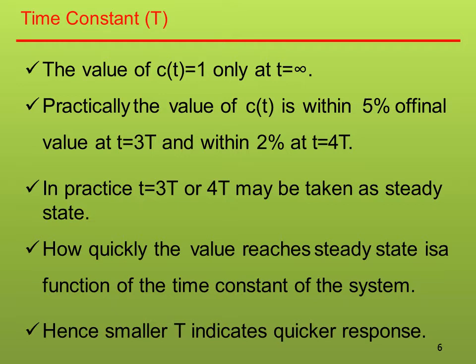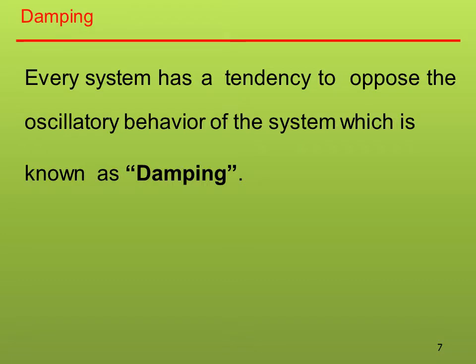So, in practice, t equal to 3T or 4T may be taken as steady state. How quickly the value reaches steady state is a function of the time constant of the system. Hence, smaller T indicates quicker response. So the system which has a small T has a quick response.